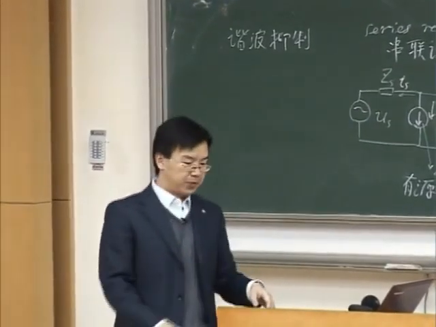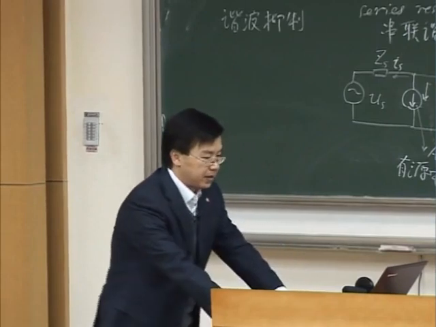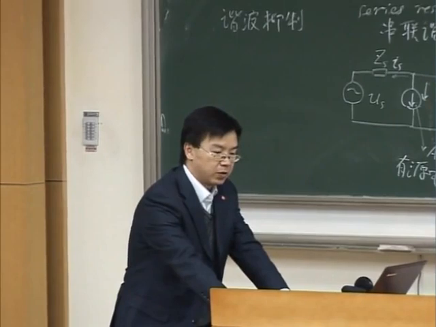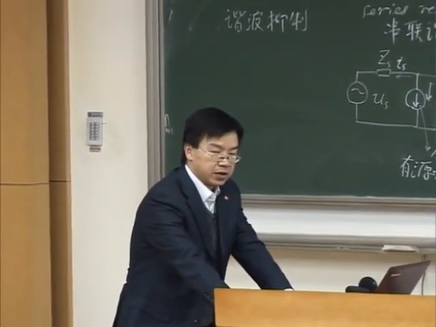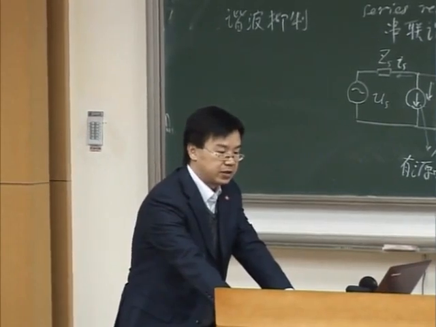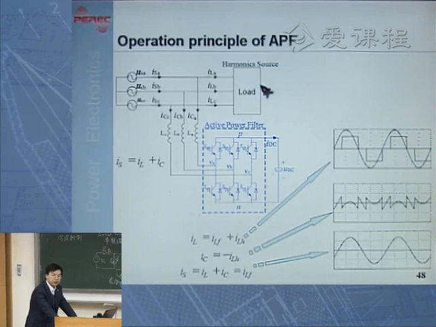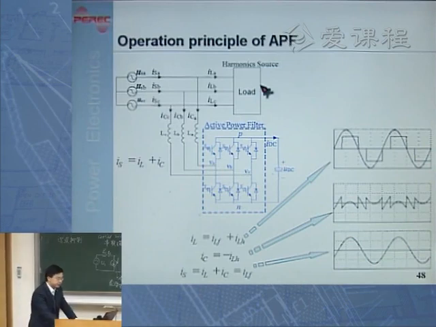Well, that's the basic operation principle. As you can see from here, the upper side waveform, this 120-degree waveform, is the original AC side current generated by the rectifier. This load is a rectifier with inductive DC load. Then the AC side current of this rectifier will be this 120-degree square wave.